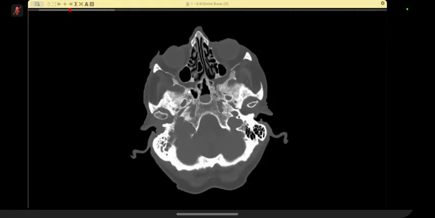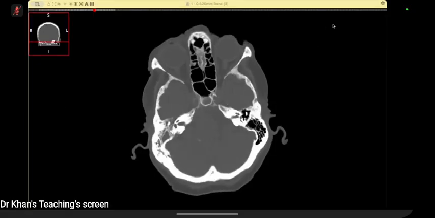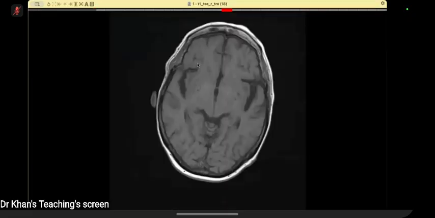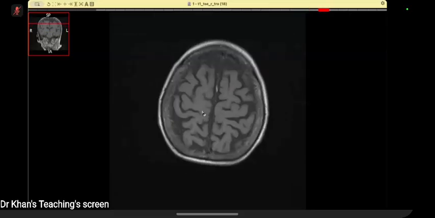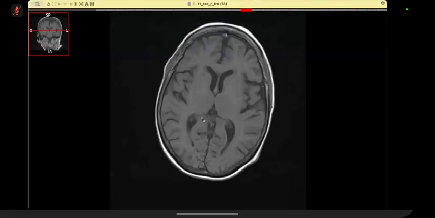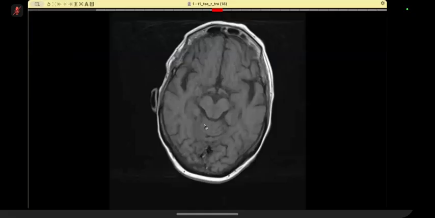Yeah, so actually, we have got an MR. These are the axial sections of MRI brain, T1 weighted images.